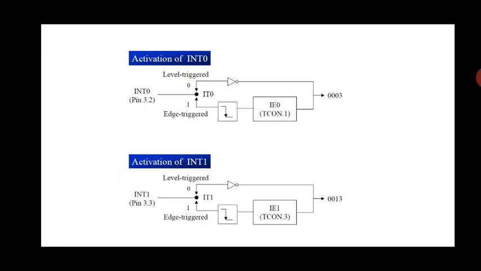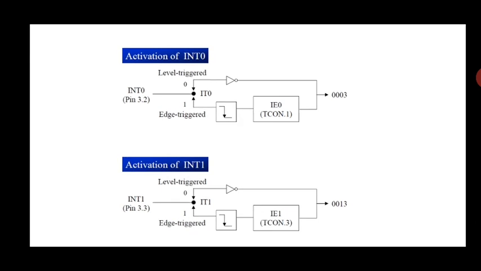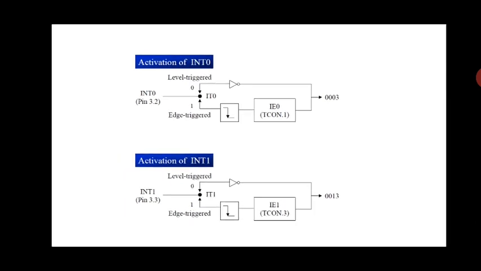In edge triggered, it sees a signal 1 for INT0, coming from port 3.2. Similarly, for INT1, level triggered with signal 0, edge triggered with signal 1. Level trigger is activated when it sees a 0.